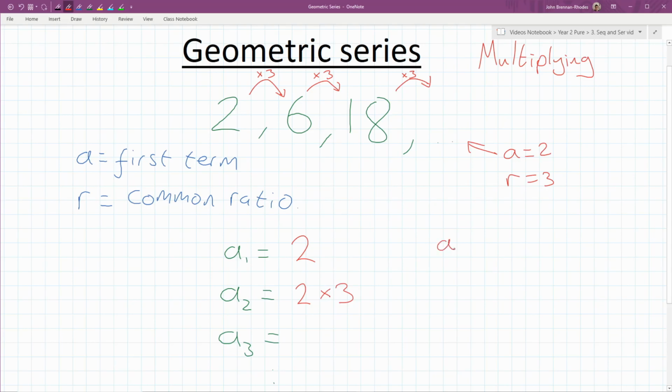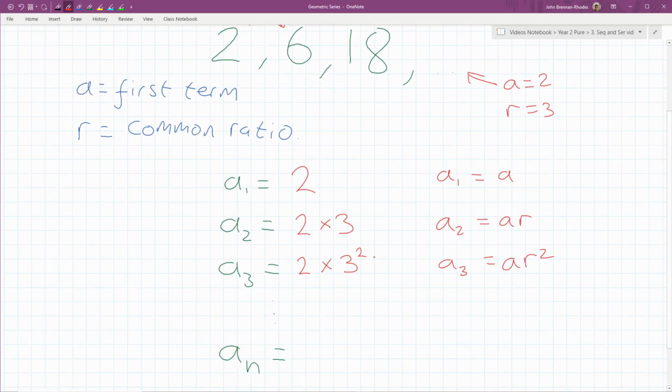So A1 is equal to just A. A2 is equal to AR, A times R. A3 is going to be 2 times 3 times 3, which is 3 squared, so A3 is going to be AR squared.